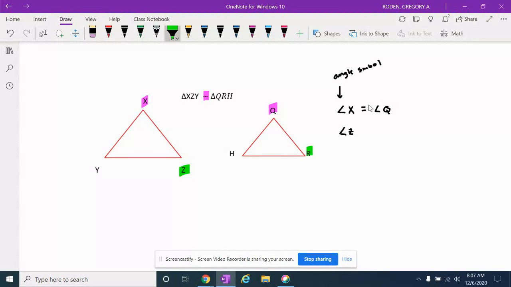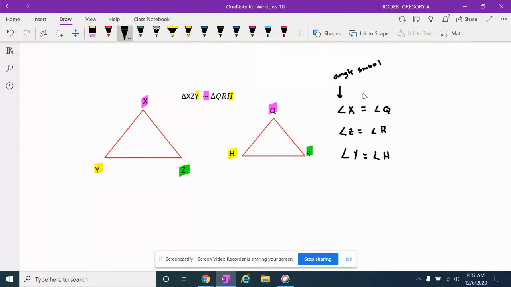Well, yeah, angle R. So now we could say angle Z is equal to angle R. And then the last one is H. So maybe we'll go yellow on this one. So Y and H, right? Because remember, Y and H come last in this statement right here. So now we can say that the measure of angle Y is equal to the measure of angle H. Okay?